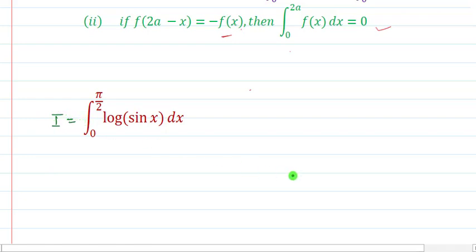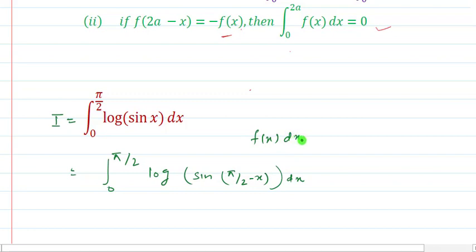I is equal to the integral from 0 to pi by 2 of log sin(pi by 2 minus x) dx. We write the property here: the integral from 0 to a of f(x) dx is equal to the integral from 0 to a of f(a minus x) dx.